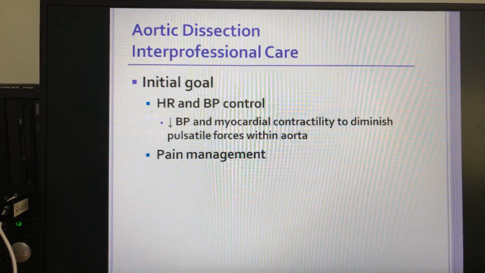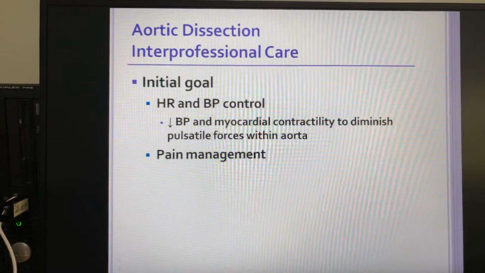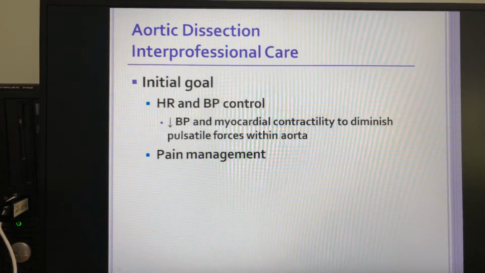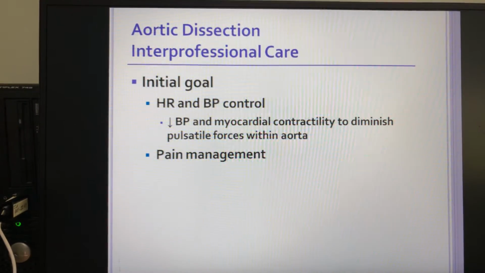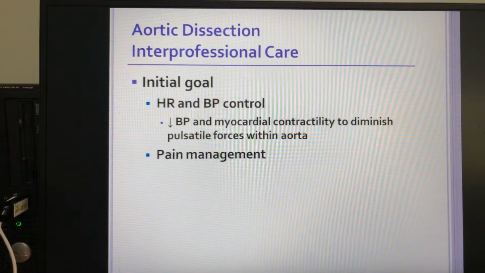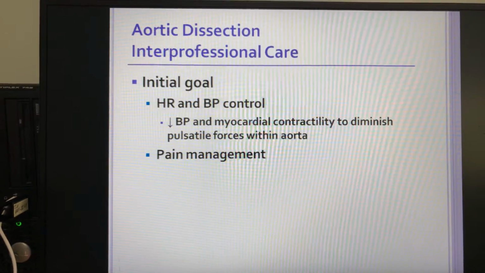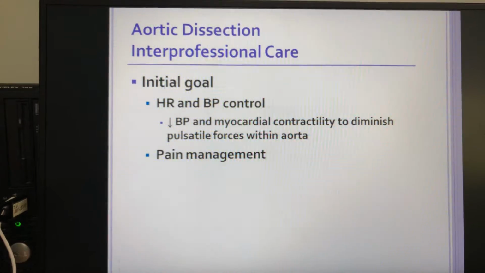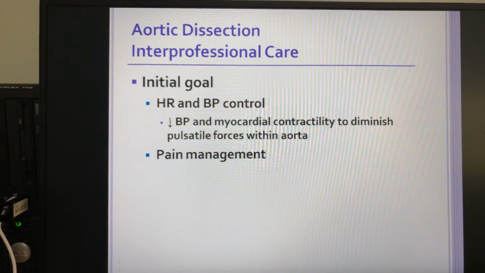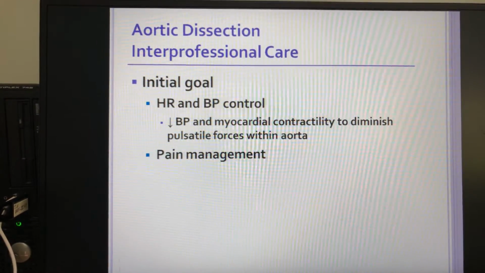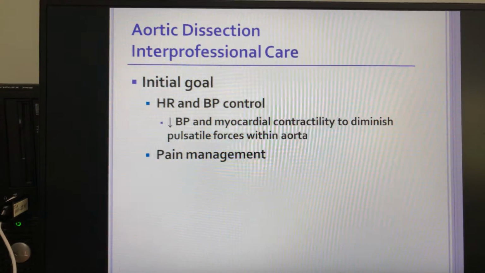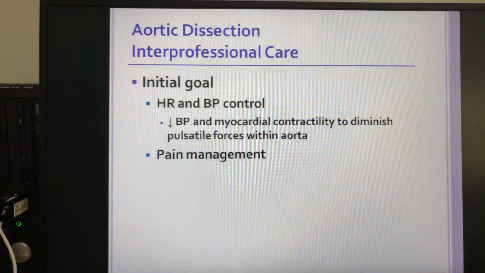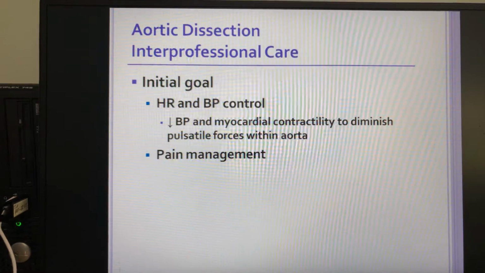Our initial goal is heart rate and blood pressure control, because of low blood pressure and myocardial contractility, to diminish pulsatile forces within the aorta. That is why we really want to pay much attention to these particular areas.